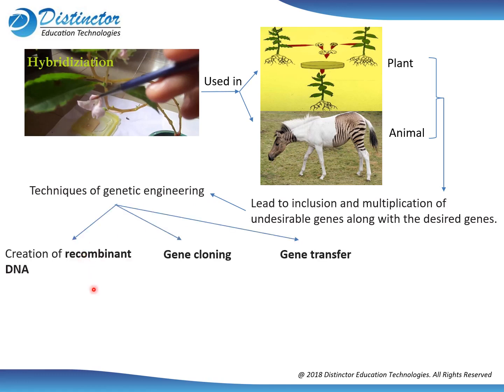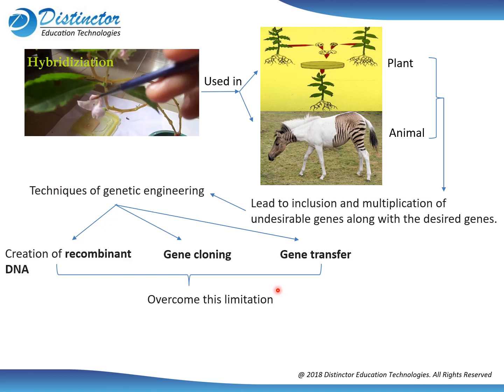Some of the genetic engineering techniques are the creation of recombinant DNA, where we recombine a particular DNA strand. Then gene cloning, where we clone a particular gene. Then gene transfer, where we can transfer one gene from one animal to another animal, or from one organism to another organism. These are the techniques of genetic engineering.